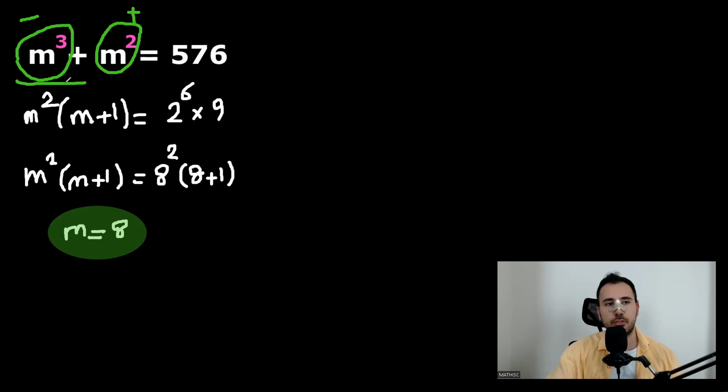So the sum of these two will always be negative, so it would never be 576. Okay, this is true when m is less than -1. So it's safe to say that the only real solution to the equation is m equals 8, okay?